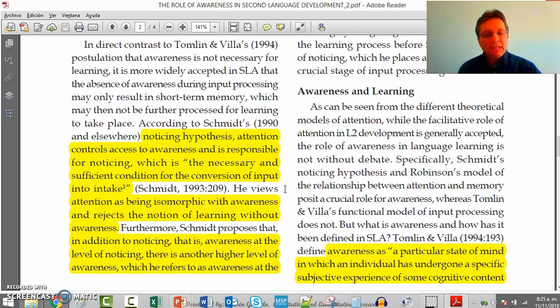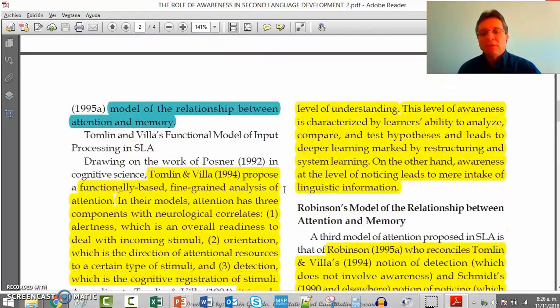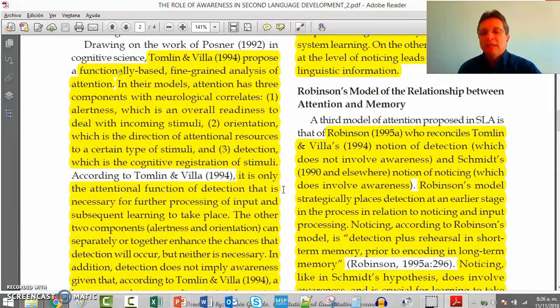Furthermore, Schmidt proposes that in addition to noticing, that is, awareness at the level of noticing, there is another higher level of awareness, which he refers to as awareness at the level of understanding. This level of awareness is characterized by the learner's ability to analyze, compare, and test hypotheses and leads to deeper learning marked by restructuring and system learning. On the other hand, awareness at the level of noticing leads to mere intake of linguistic information.